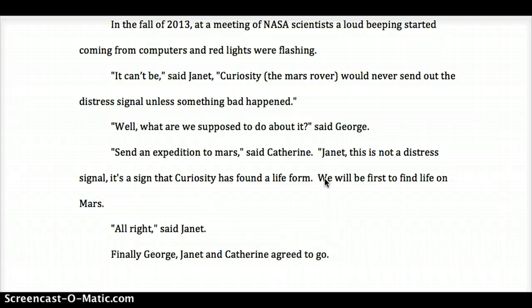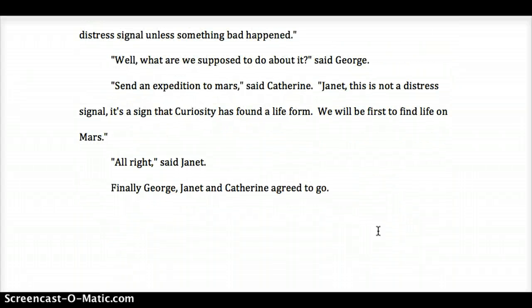Okay. "All right," said Janet. And then finally, George, Janet, and Catherine agreed to go. I'm just wondering if the ending of this scene is a little abrupt here. Maybe it happens a little too quickly. Yeah, so to help the reader picture this a little bit better, I want to get some narration in here, and I'm going to use narration here to describe Catherine's exact action.